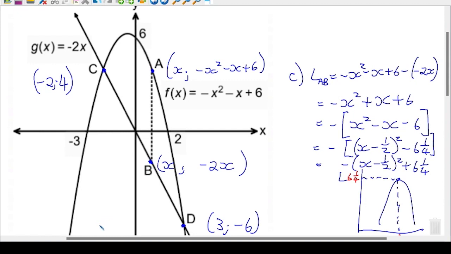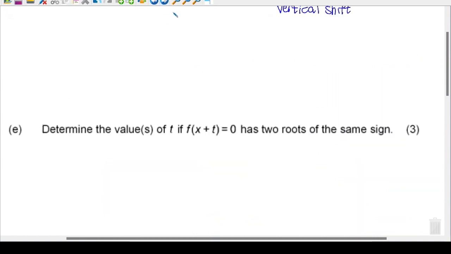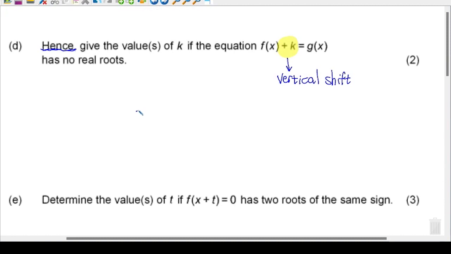And in fact, remember the furthest apart that they are is 6 1/4. If we lower it exactly 6 1/4, it might look something like that, where it just touches the graph of g, and there would be one point of intersection. And if we lower it more than 6 1/4, there would be no points of intersection. Now remember, to lower it, we want a negative value. So in fact, we want to be more negative than 6 1/4. Right, and that's the solution to that.